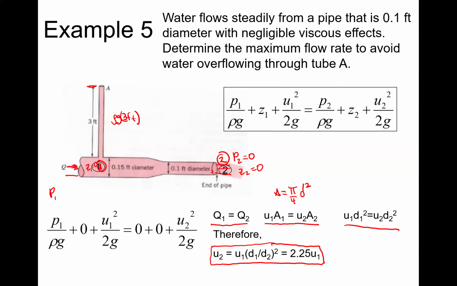Velocity 2 will now be 2.25 times velocity 1. And now that we have that, I can easily plug that into u2 squared. Keeping in mind that this is u2, and I'm going to square it. Therefore, I not only need to square u1, I need to square the 2.25 as well.